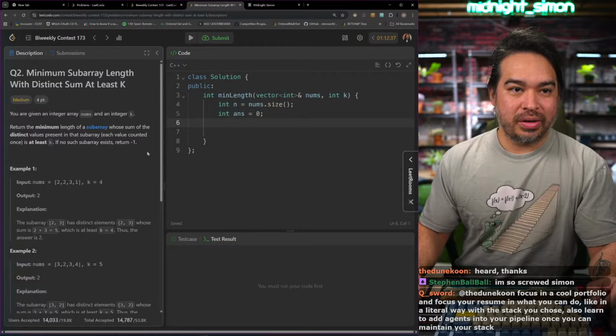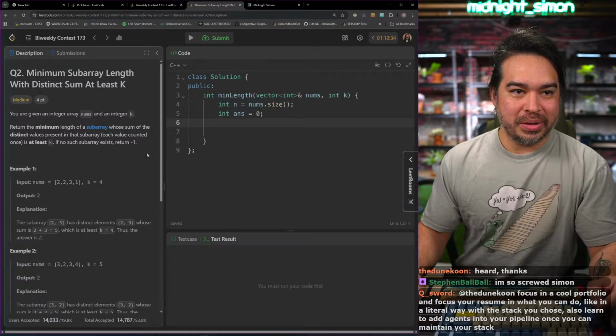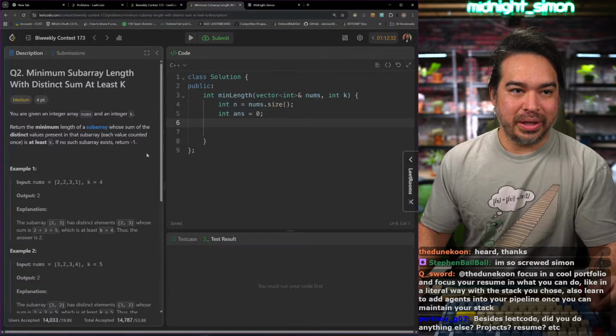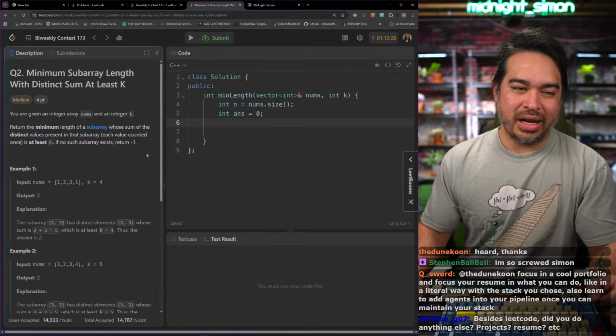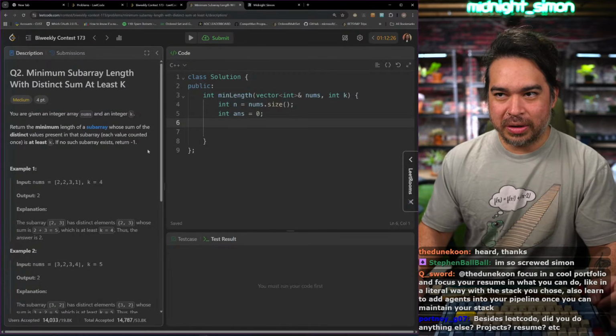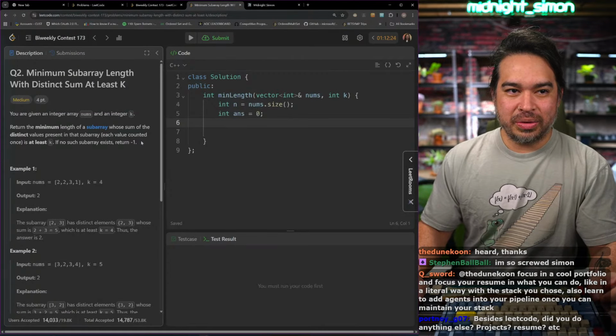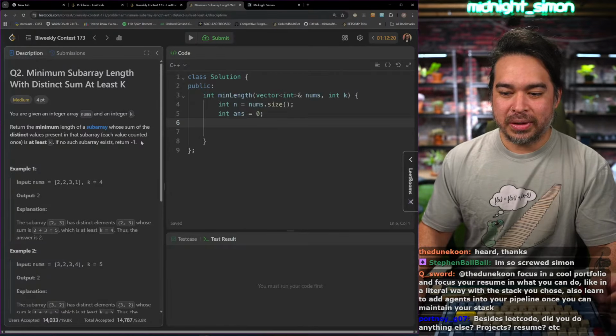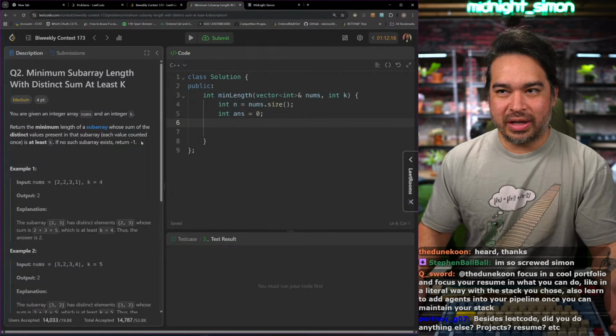Focus on a cool portfolio and focus your resume, is what you can do, with the stack you choose. I think for the stack you choose and all that, it doesn't really matter for a FANG position because most of them hire general software engineers. They don't care what you did before.